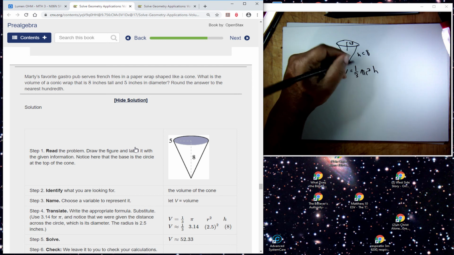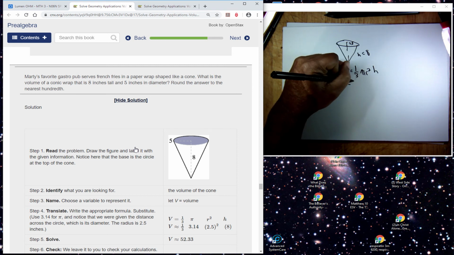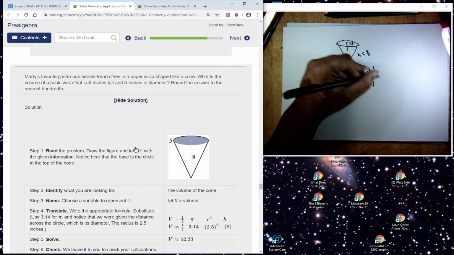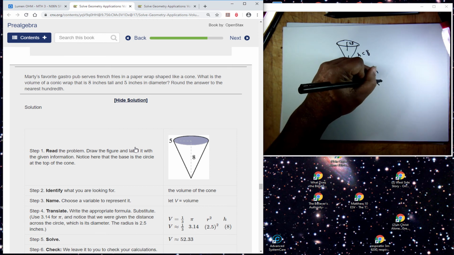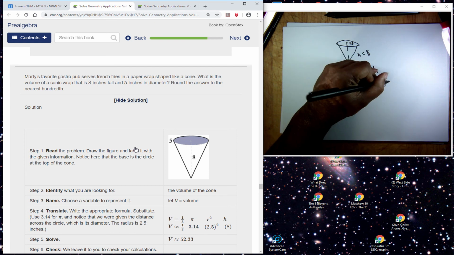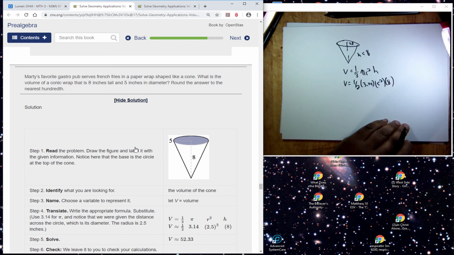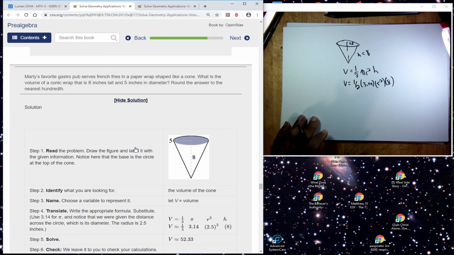Here we plug in 1/3 times 3.14 times 5 squared times h, which is 8. Now look at that again. They got it drawn there. It's misleading. It looks like it's a 5. I thought that was a radius of 5, but that's a radius of 2.5.